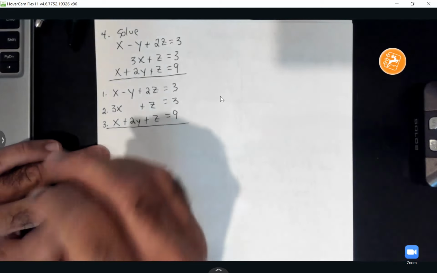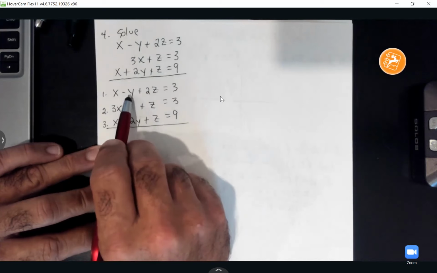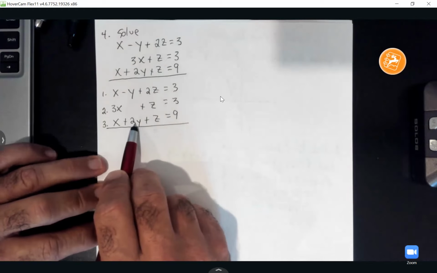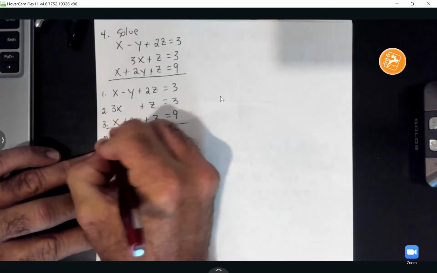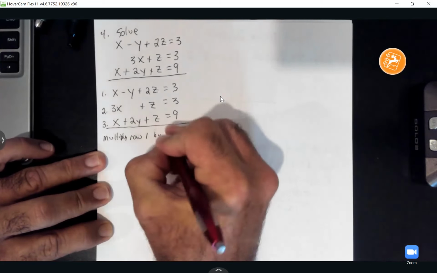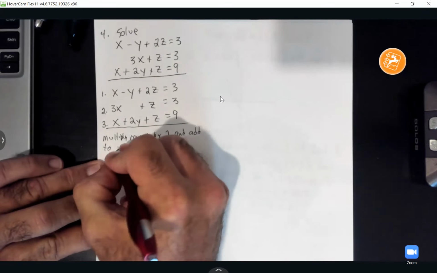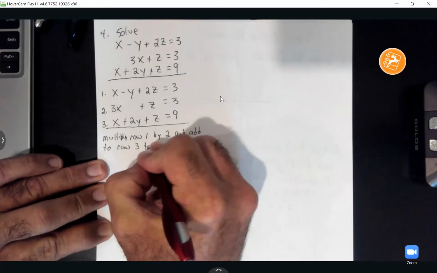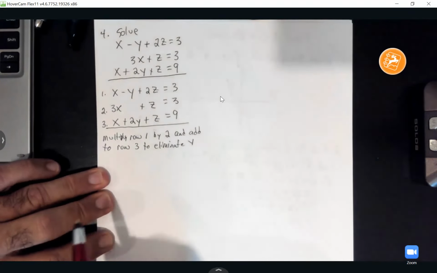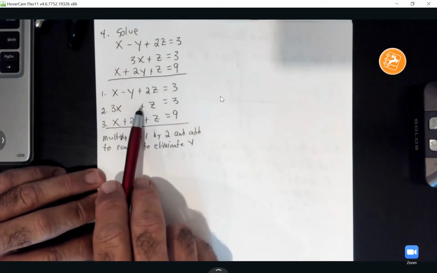I'm going to multiply row 1 by 2, because that'll give me a negative 2y. When I add it to this 2y, they're going to cancel. So I'm going to multiply row 1 by 2 and add to row 3 to eliminate the y. On this one, I would always eliminate whatever variable's missing on the other equation, okay?